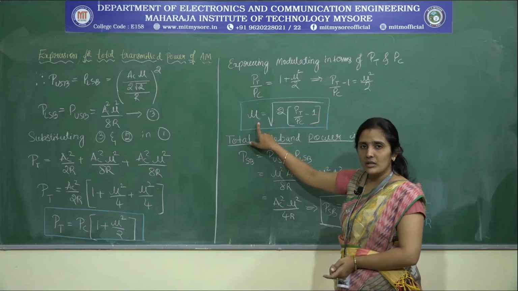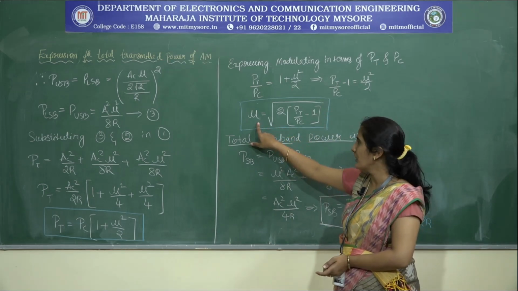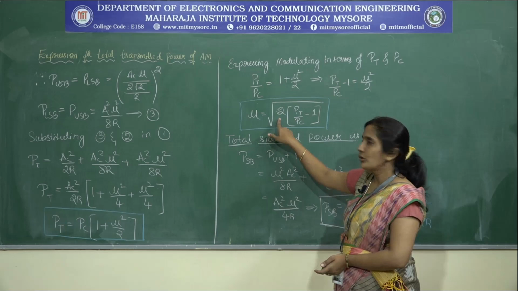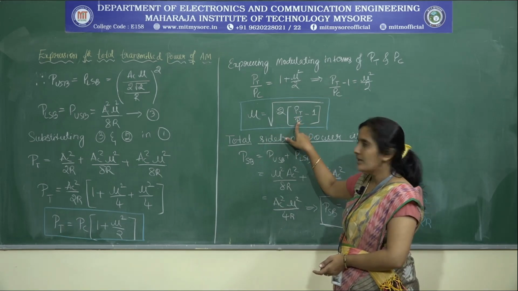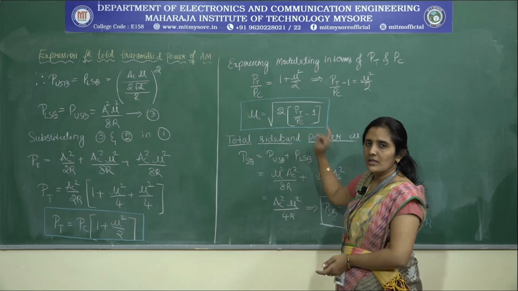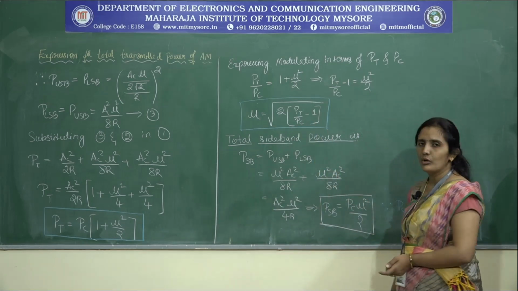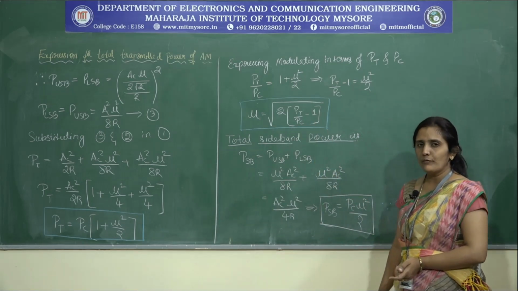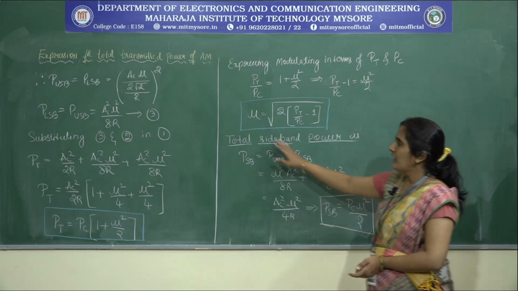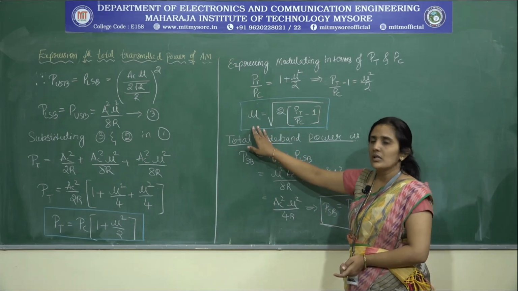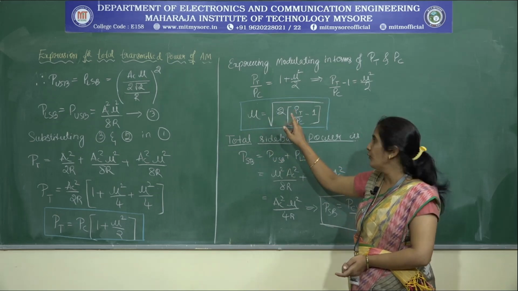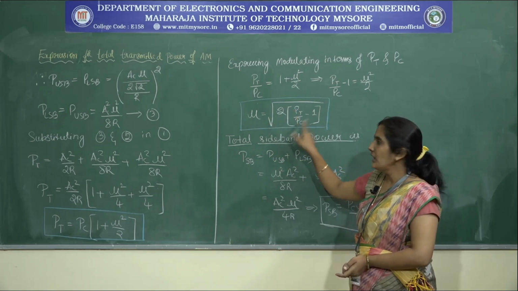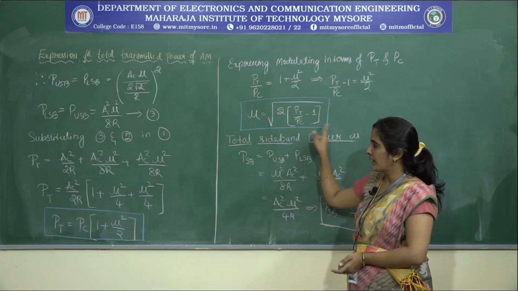So the modulation index we got is the equation like mu equals square root of 2 into (P of t divided by Pc minus 1). So this is the expression for the modulation index in terms of P of t and P of c. While solving the problem, if they give the modulation index and provide the values for P of t and P of c, this equation is required.